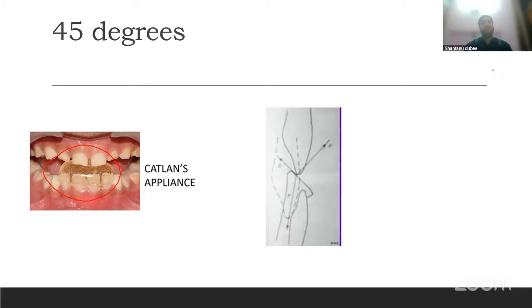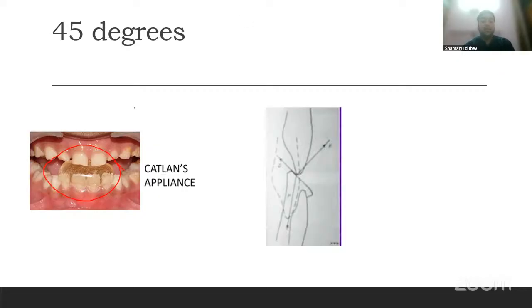Remember, if it is developing, the incisors are still erupting, and it is at a very initial stage, you can go for tongue blade therapy. Basically, you take an ice cream stick and ask the patient to bite upon it. It applies a force in the lingual direction on the lowers and in a buccal direction on the uppers. That is treated.